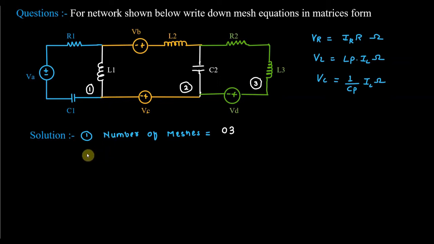Now in the second step, we will assign a mesh current to each mesh. So let I1, I2 and I3 be the mesh currents.